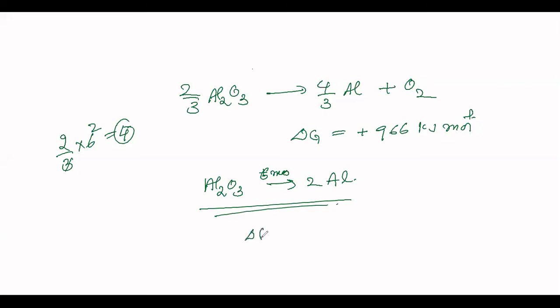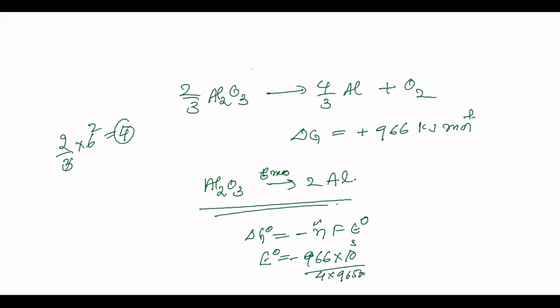So delta G0 is equal to minus of NF E0. This is 4. So E0 should be equal to delta G0, which is given to you, that is minus of. E0 will be positive. So delta G0 is minus, of course, 966 into 10 to the power 3 divided by 4 into 96,500.